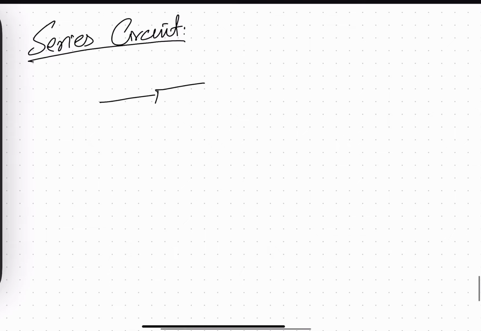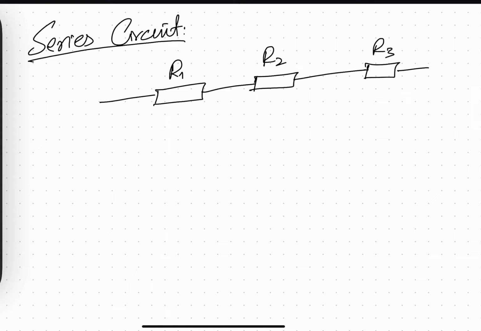So let's talk about the series circuit first. In a series circuit, consider there are, let's suppose, three resistances, R1, R2, and R3, and there is a voltage V. We are going to discuss how the current, voltage and resistance will behave in this type of circuit.